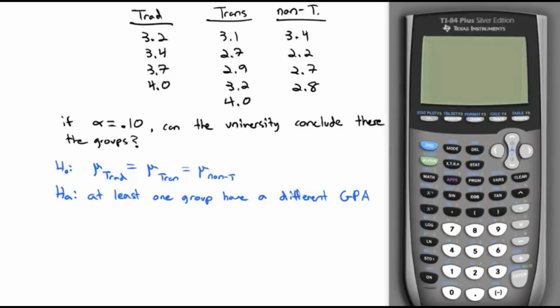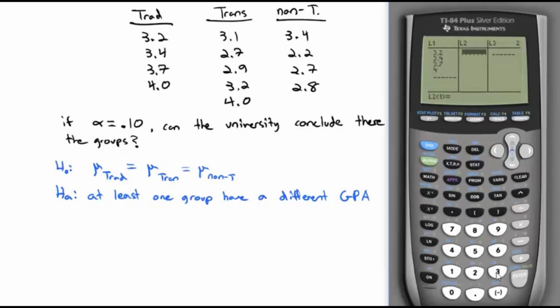First thing we need to do on the calculator is enter our data into stats, and we'll select edit. If there's extra stuff in this list, you can highlight and hit clear enter, and that'll clear the list. And so in list 1, I'm going to put the GPAs 3.2, 3.4, 3.7, and 4.0.